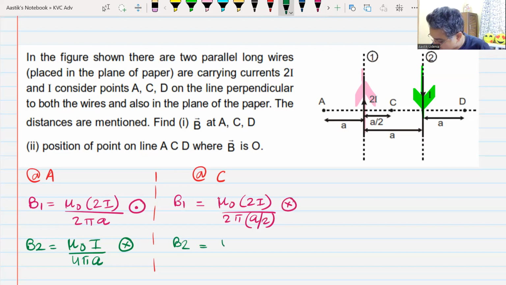Mu naught I by pi a, sir. 2 pi into a by 2, so that will become pi a, and the direction is inside, yes or no? Yes, sir. So both of these fields are going to get added up. The final answer would be 3 mu naught I by pi a.